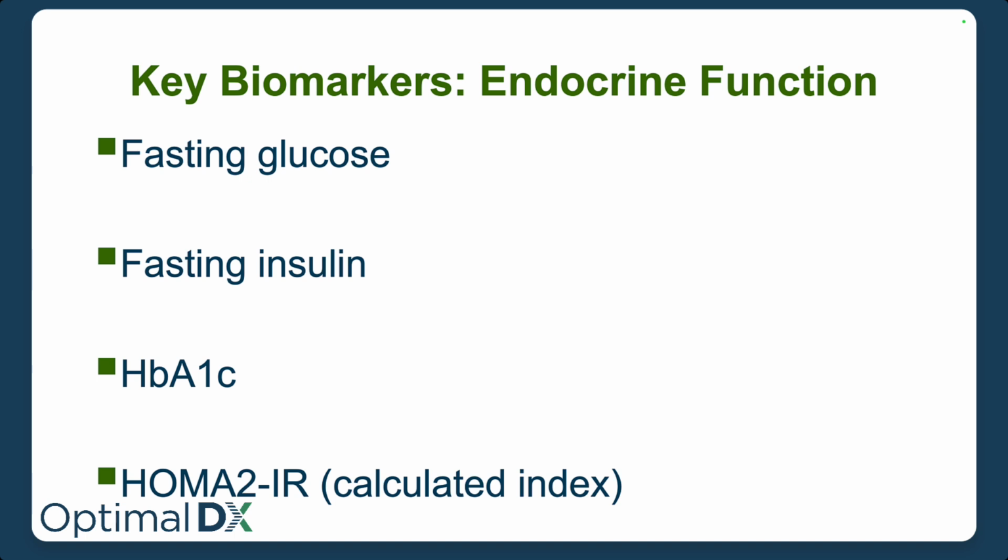We do calculate that from fasting glucose and fasting insulin within the Optimal DX platform, so you just put those two biomarkers in there and we'll calculate not only the HOMA2-IR, but the HOMA2 %S and %B, which is the endocrine output, and also how sensitive your cells are to insulin. So these are powerful measures of insulin resistance. And using these biomarkers collectively helps us identify subtle metabolic changes long before type 2 diabetes develops.